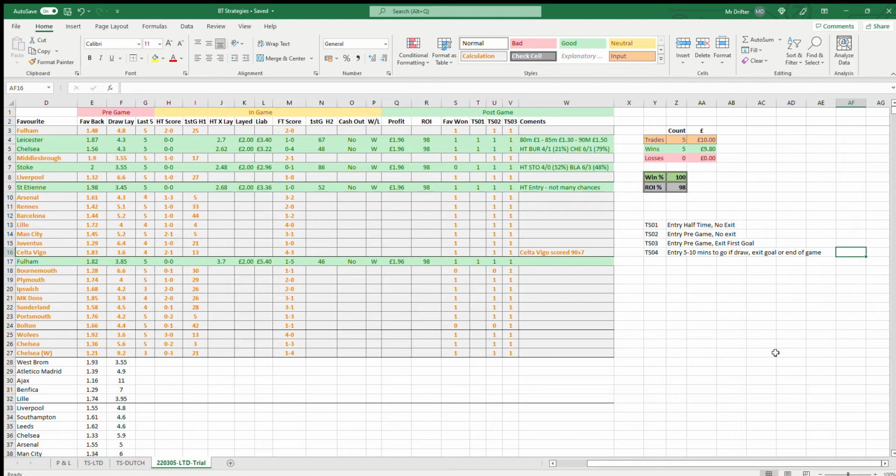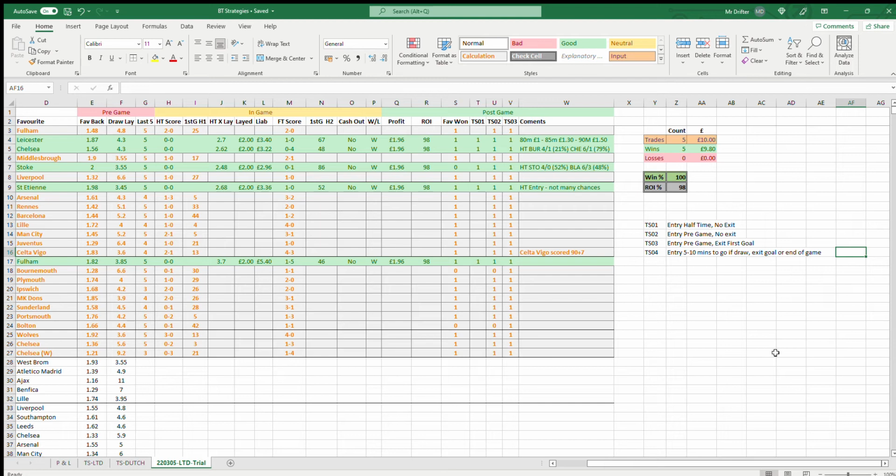But when you think of how many goals go in the last 10 minutes of the game, and even in injury time, 90 plus minutes, I'm going to have to give this strategy a good little think, because I've thought about it. And you might think, well, what's the chances of a goal going in the last 5 or 10 minutes? Yeah, there is that.